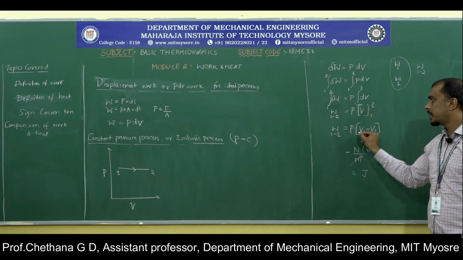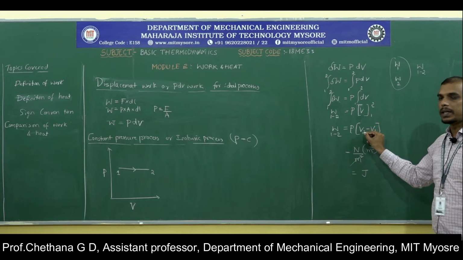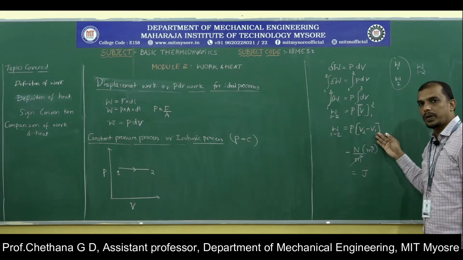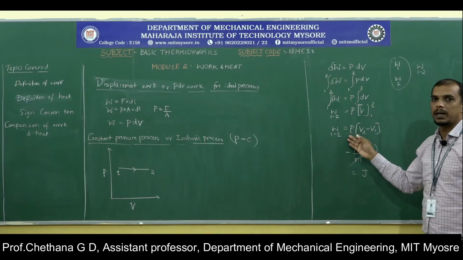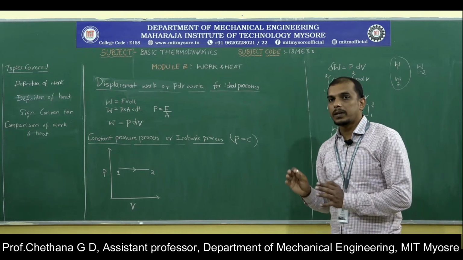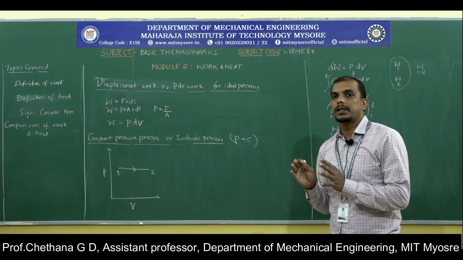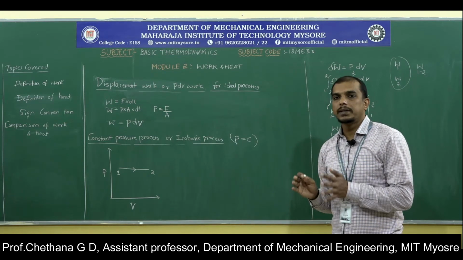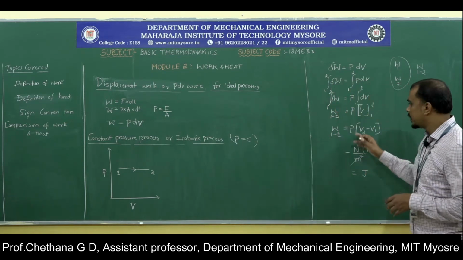Now come back here, we apply the integration limits, V2 minus V1. This is the formula we want for calculating work if the process is constant pressure or isobaric process. Now look at the unit.